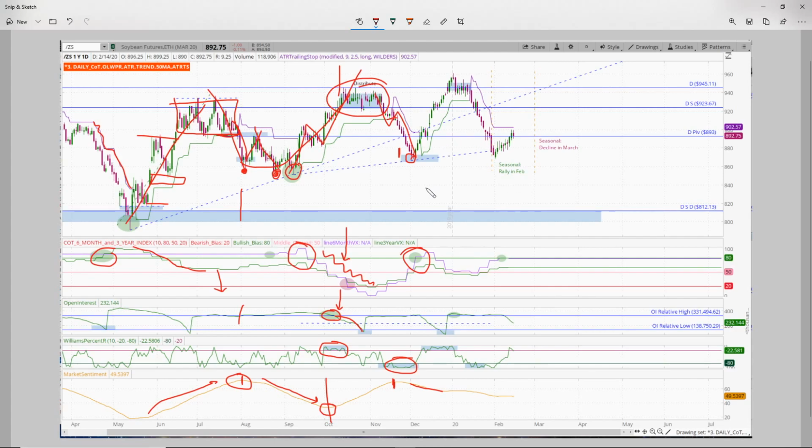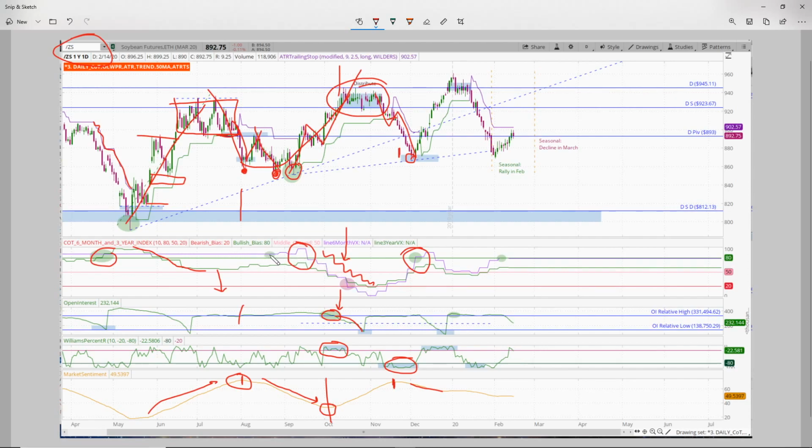I don't know, if you can't see the relationship with commercial interest and market sentiment, then especially on this chart. I mean, other charts, it's a little hazier. It's a little harder to see. It's not as clear, but they're right on par in the 3-month or 3-year.